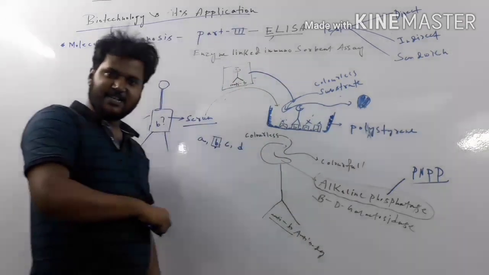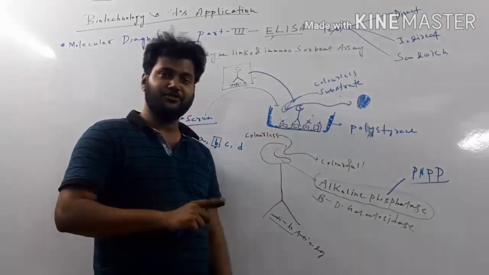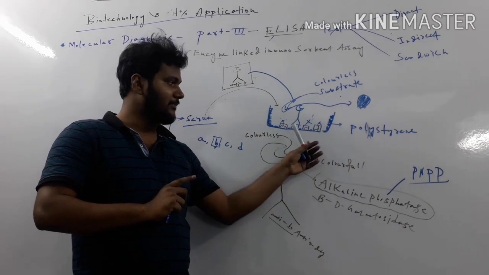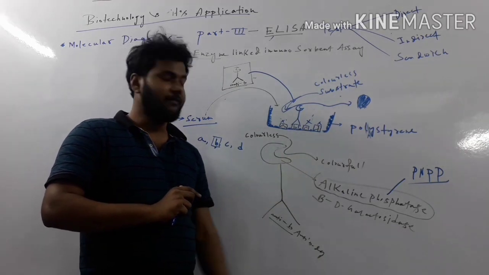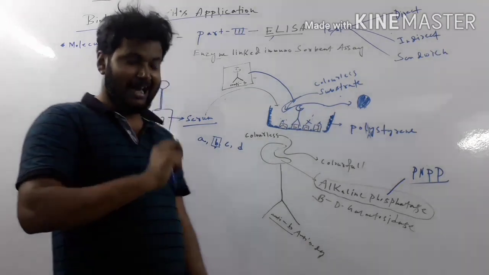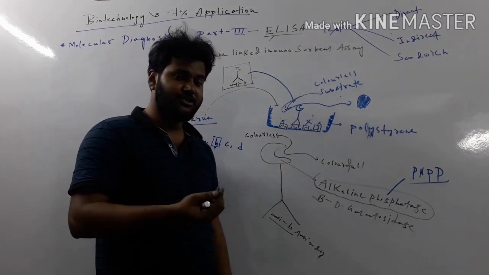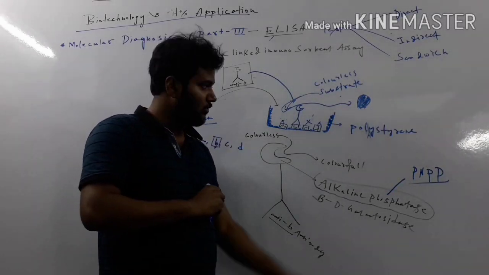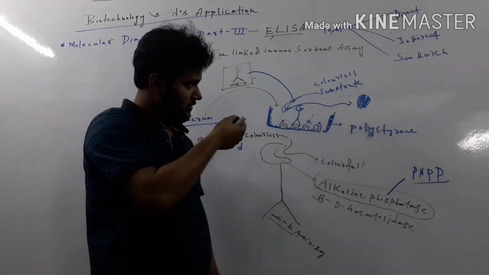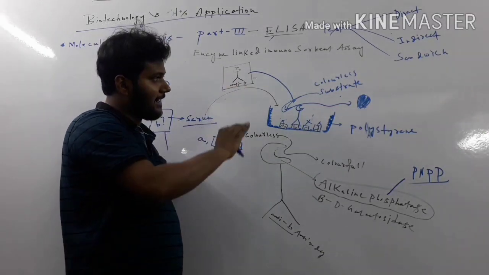After adding the substrate, if we find that the color has been produced, then we will be confirmed that the antigen is present there. We can also get an idea of how much antigen is present by looking at the strength, the amount of color produced there. So this is actually the ELISA test.